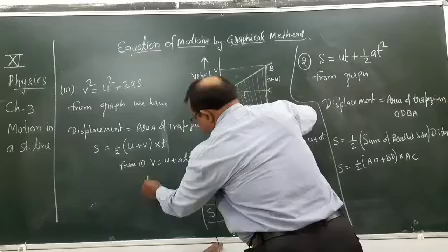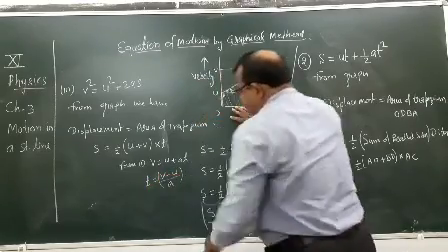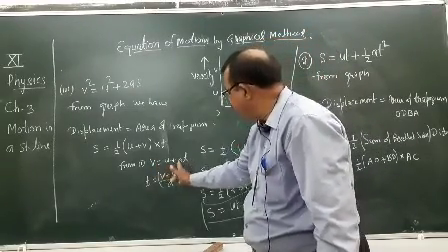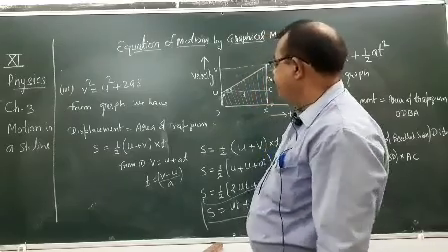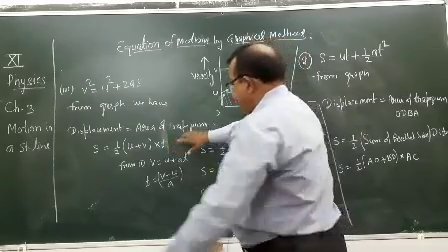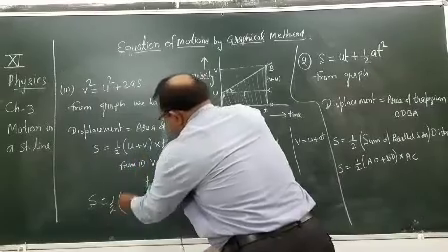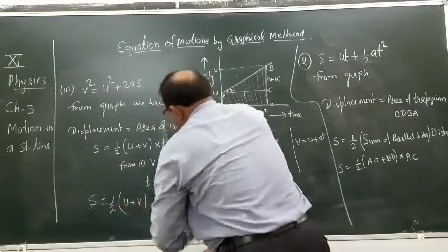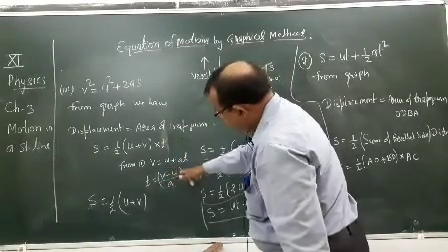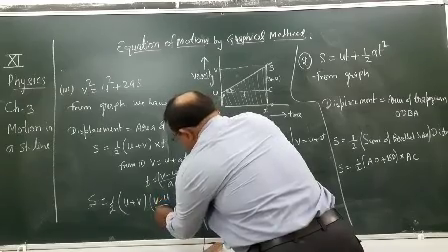So T equals to V minus U upon A. From equation 1, T equals to V minus U upon A. This is the value of T. Putting this value in this equation. So S equals to 1 by 2, this is U plus V into T, and the value of T is this, V minus U upon A.